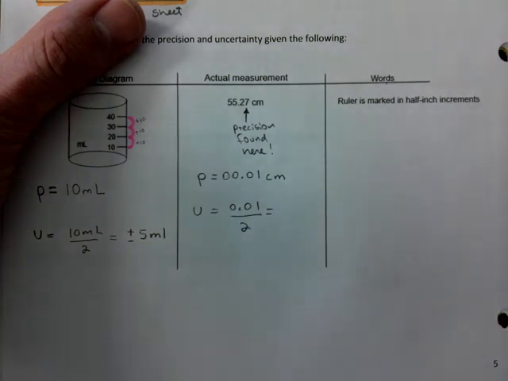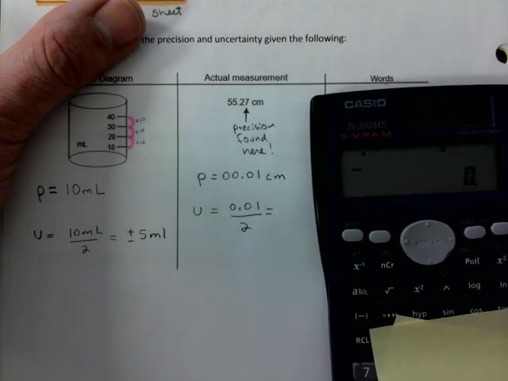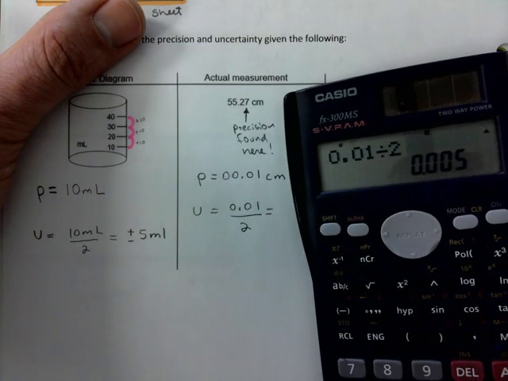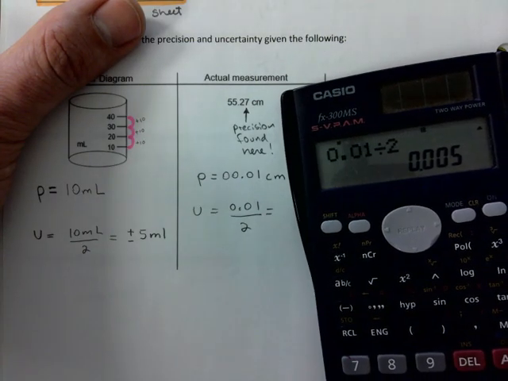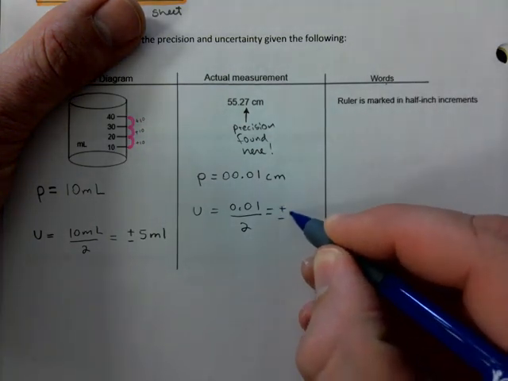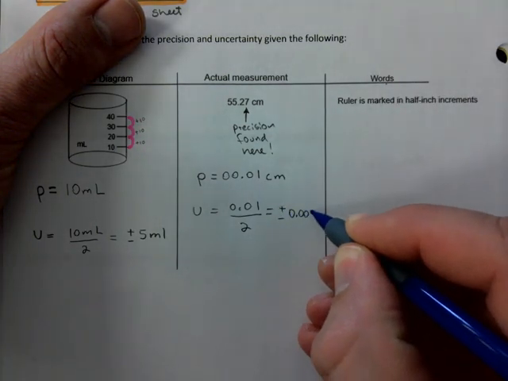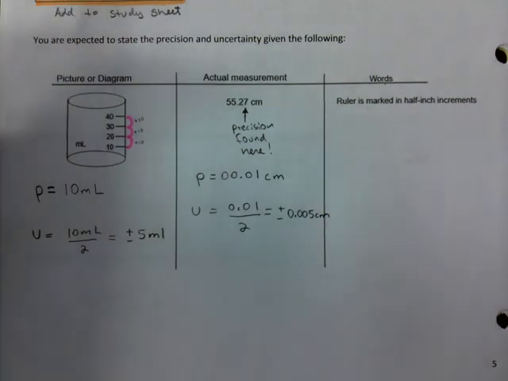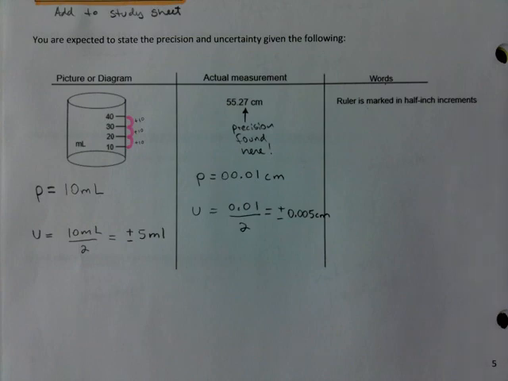Grab a calculator if you have one, we go 0.01 divided by 2. That's 0.005. Just like that. Do not round. So plus or minus 0.005 centimeters. Units everywhere.